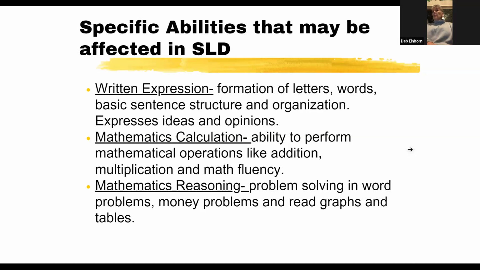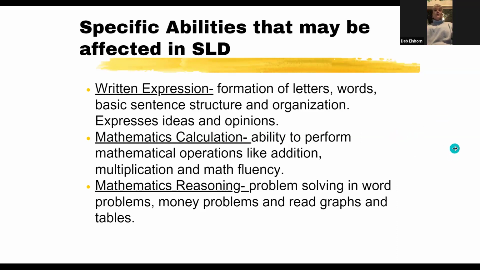So they may write phonetically, or they may write in ways where words are all completely spelled incorrectly. Or they may be able to do an oral book report very successfully, but to do one in writing would be impossible.